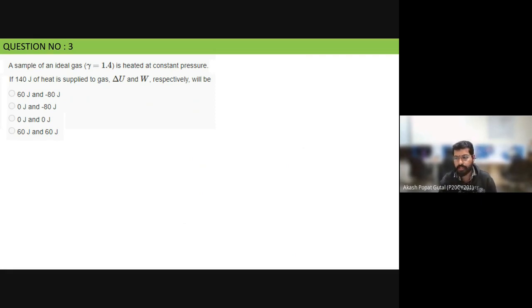This is also related to the first law of thermodynamics. There is no need to calculate delta U and W separately, because not that much information is given. You can tally it from the options itself.